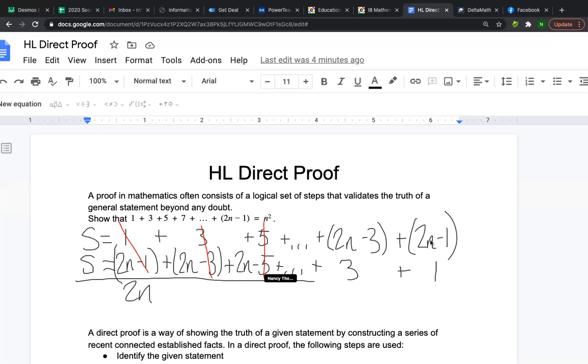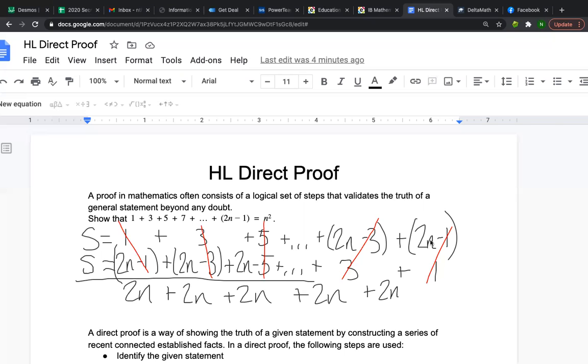The 5's end up canceling. Every number except for 2n would end up canceling. And this pattern would be the same for however many n's there are.